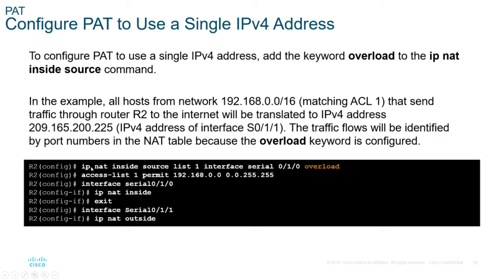And so with that command, it's IP NAT inside source list 1, which calls access list 1. And then we use interface serial 0/1/0, or whatever interface of where you want the NAT translations to occur, and then the overload command.